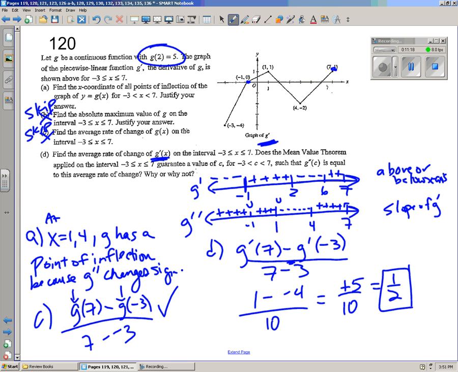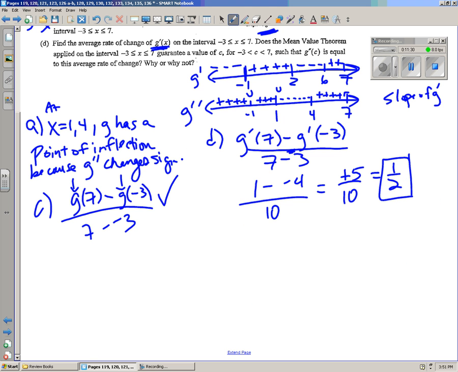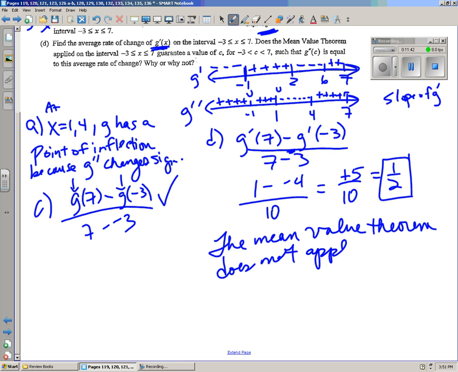Then it says, does the mean value theorem applied on the interval -3 to 7 guarantee a value c in -3 to 7 such that g double prime of c is equal to this average rate of change? The mean value theorem does not apply here because you have corners and cusps.